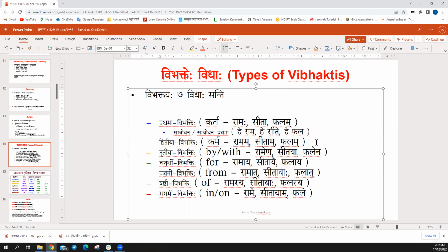Dvitiya Vibhakti, Karma: Ramam, Sitam, Phalam. Then Tritiya Vibhakti, it's either by or with: Ramena, Sitaya, Palena.